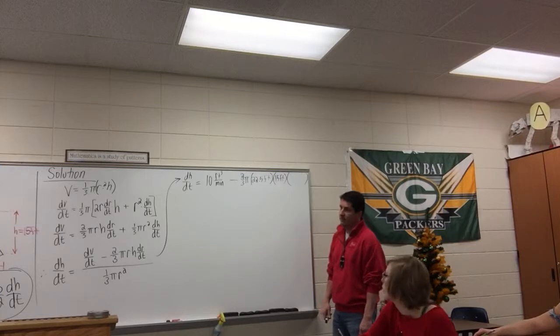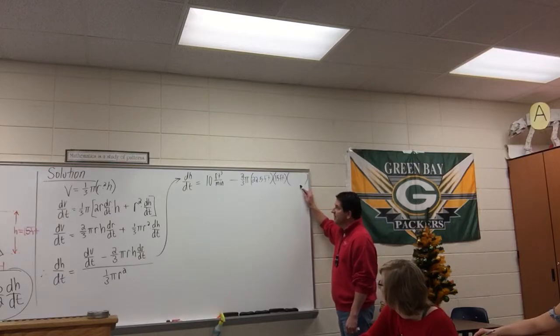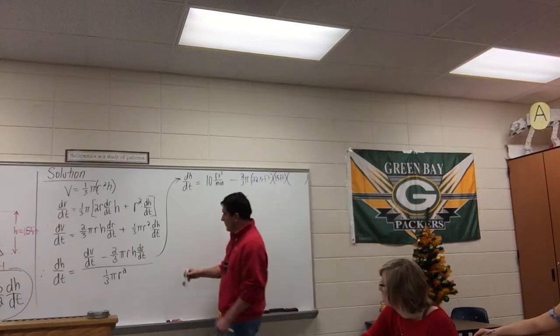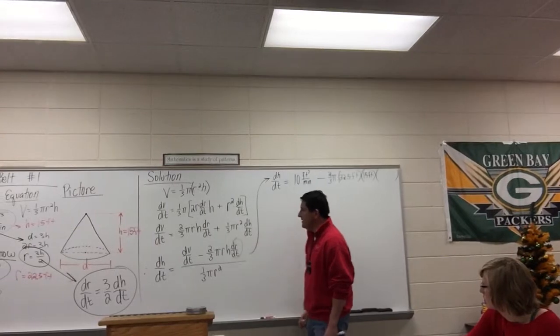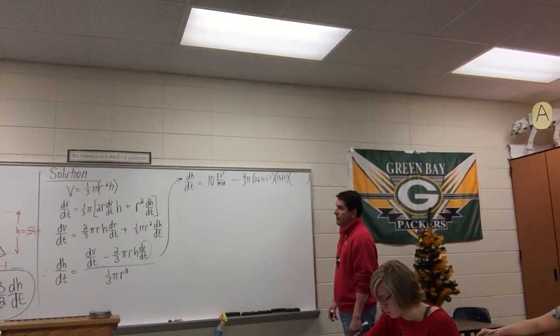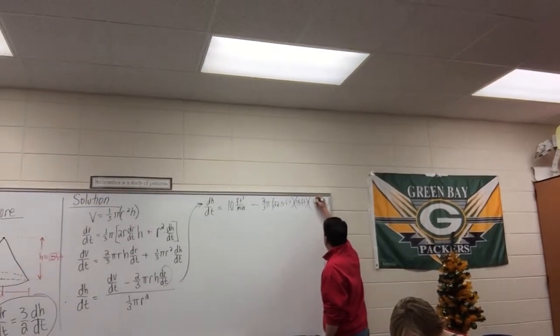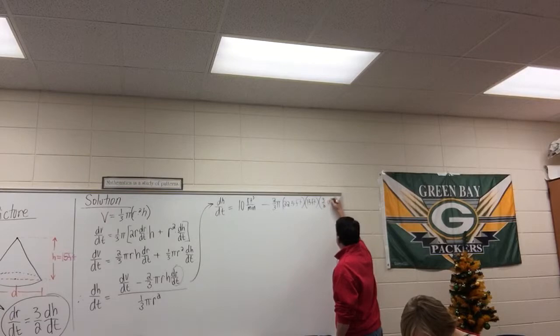So what does that mean? It means I have to change this. Normally I would put dr/dt in there, but since I don't have a value for that, I have to replace it with 3/2 dh/dt.